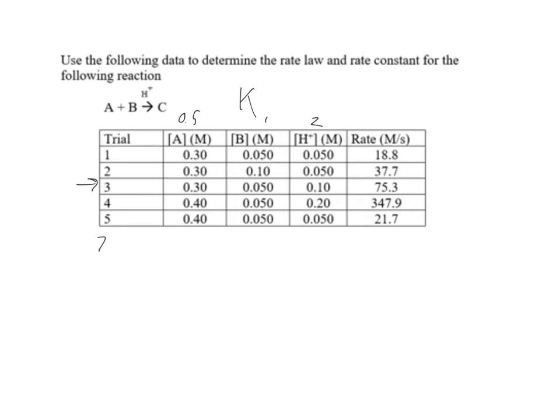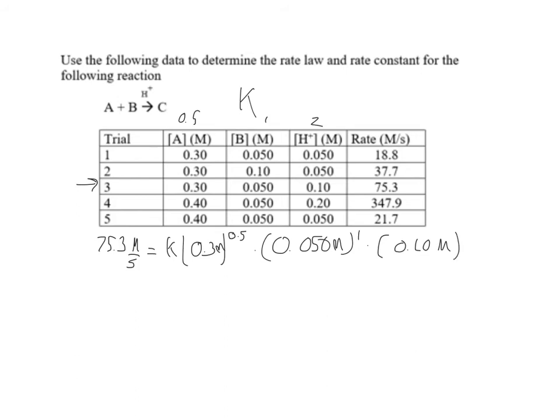And so we would have 75.3 molar per second is equal to K times the concentration of A, in this case 0.3, raised to the 0.5 power, times the concentration of B, 0.050, these are molar, raised to the first power, times the concentration of hydrogen, 0.10 molar, and that's raised to the second power.